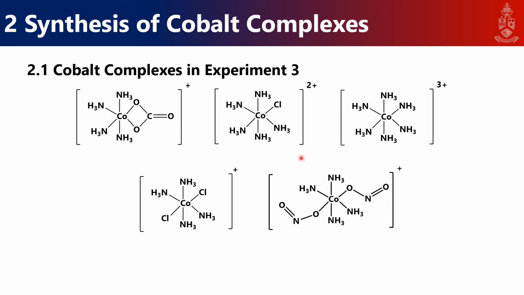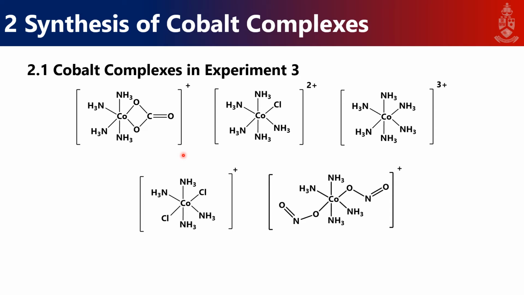Essentially what we want to do is firstly synthesize them, purify them, and then use instrumental analysis to confirm whether or not we've actually synthesized these complexes. Okay, so that's the point of the experiment.